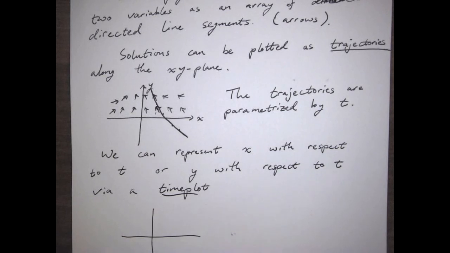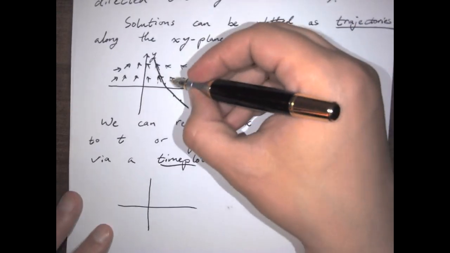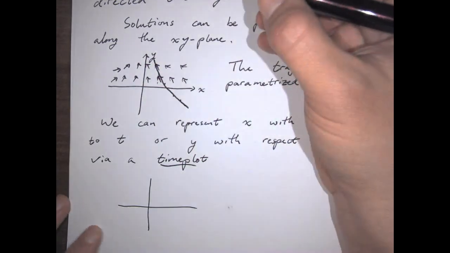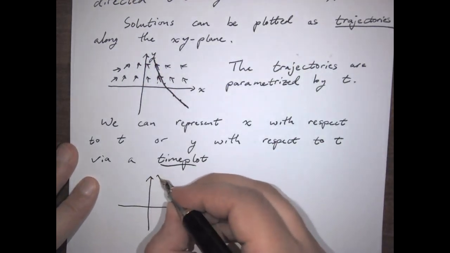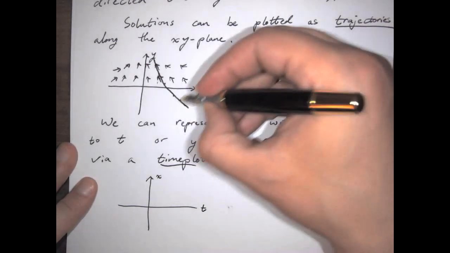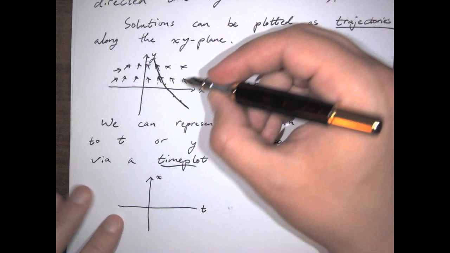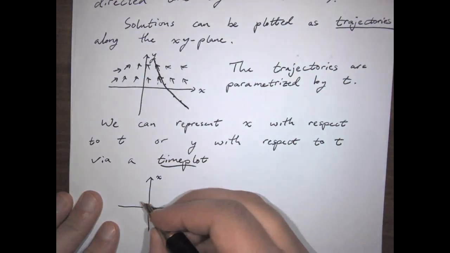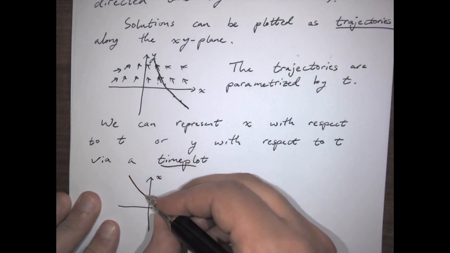What that will look like is you'll have the x values just changing according to however the curve is parameterized. So then, for example, we'll have x with respect to t. So let's say it was this curve and it was going from down here up to here. So the x values are going down and apparently leveling off at an x value of 0. So maybe we have something like this.